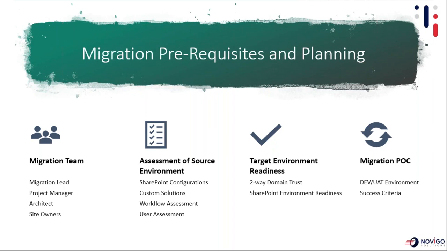Even before you actually do a migration on your live or production system, it's always recommended that you try out the complete approach on your development or UAT environment to ensure the steps that you're following are correct and your success criteria can be achieved.